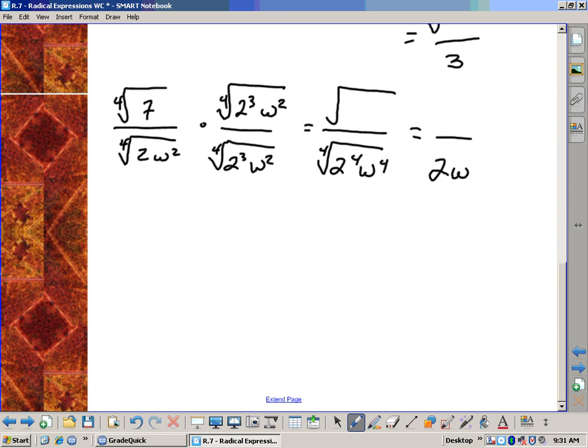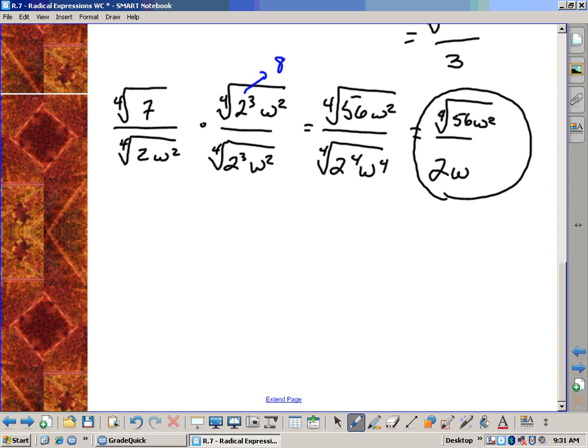This new numerator now becomes the 4th root of 7 times 8, which is 56 w squared. And so then I get the 4th root of 56w squared all over 2w.